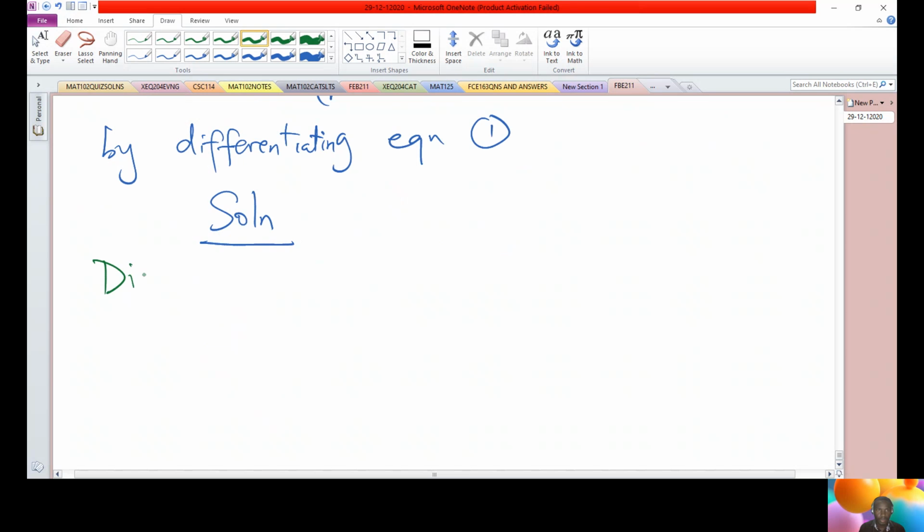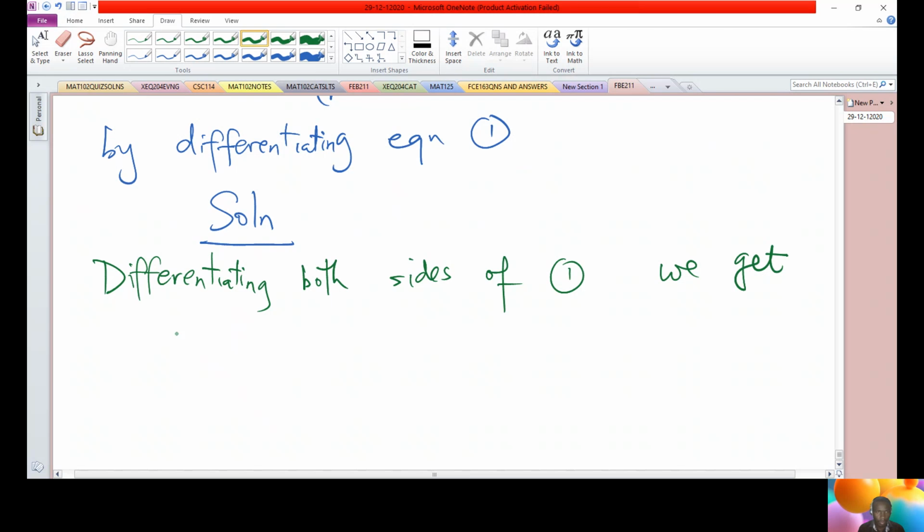So differentiating both sides of 1, we get, so remember the 1, for those who don't remember what we mean by 1, this was the series that we are referring to as 1.